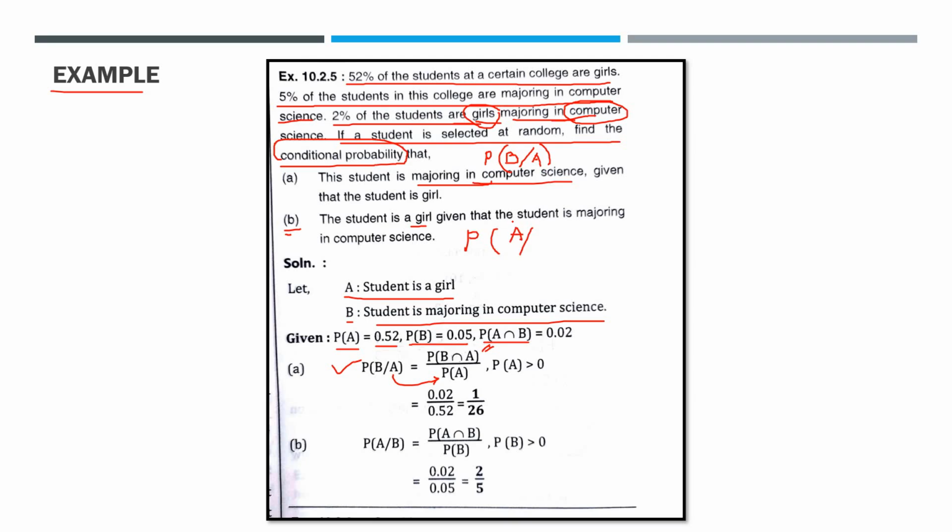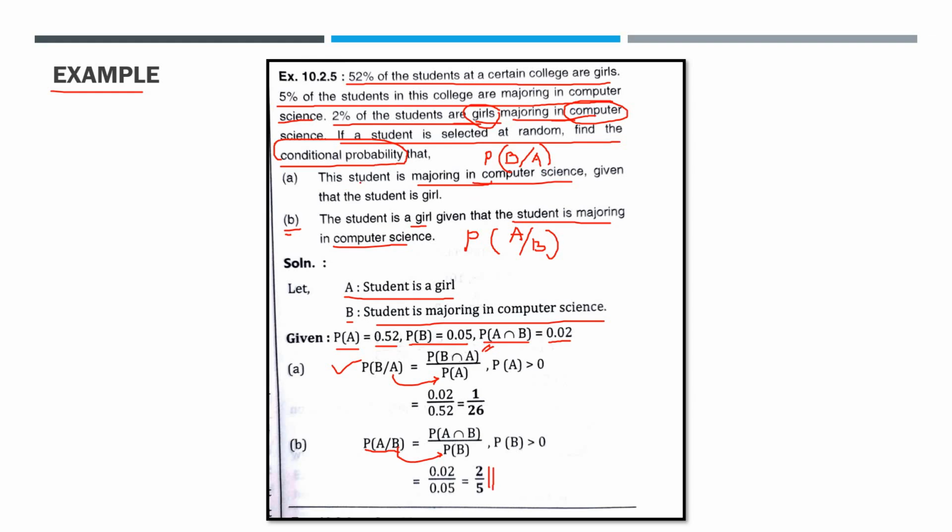So this is probability of A given B. The same formula applies: P of A and B divided by the probability of B. It is again 0.02 divided by 0.05, so the probability comes out to be 2 by 5.